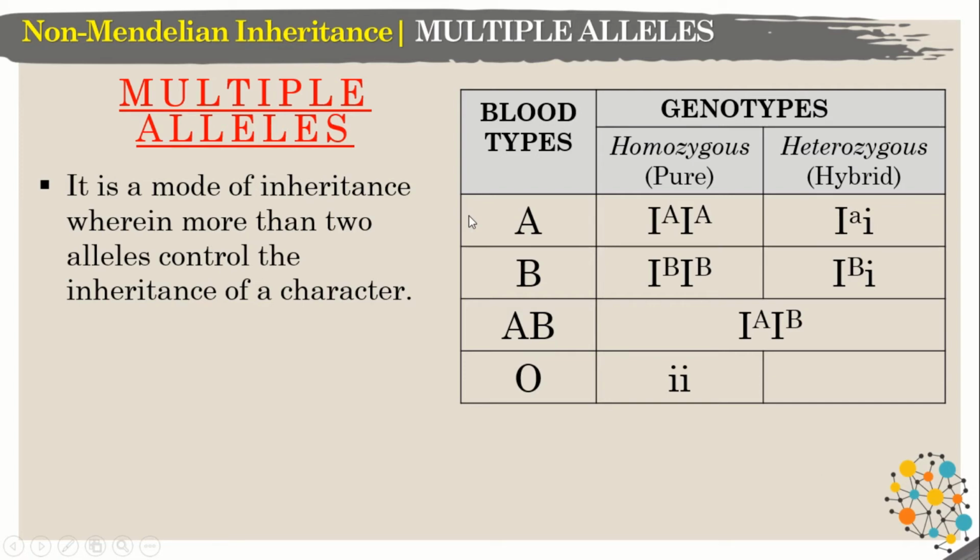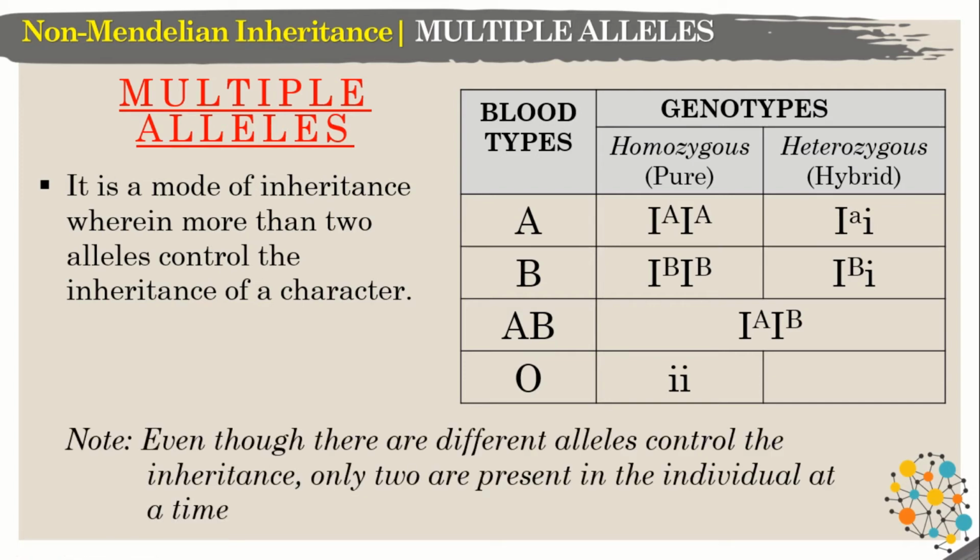Now, take note that even though there are different alleles controlling a certain inheritance, when we cross, only two are always present per individual at a time. So it is not possible for one to be A, another B, another O, another AB.